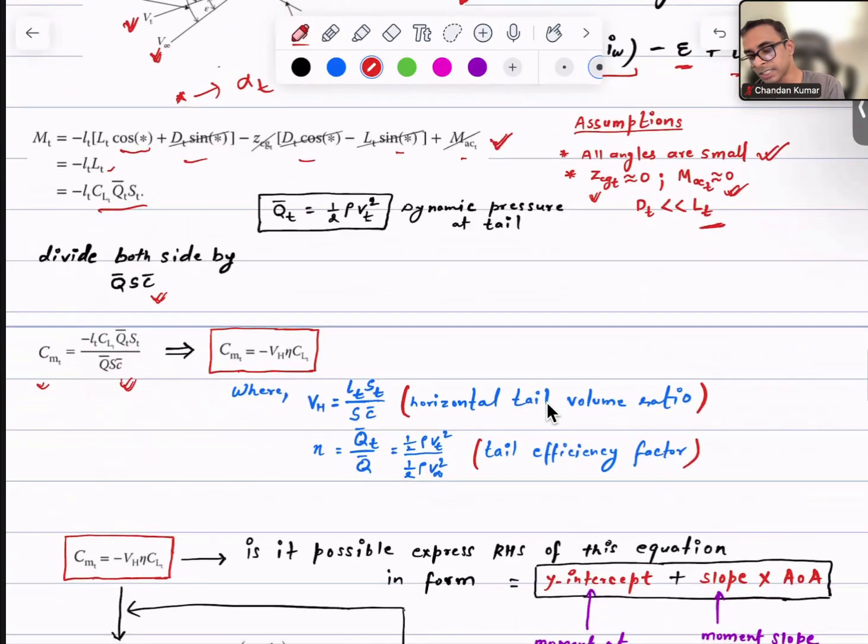We can further reduce this in terms of this, where VH is the horizontal tail volume ratio, while eta is the ratio of dynamic pressure at the tail and dynamic pressure in the free stream.